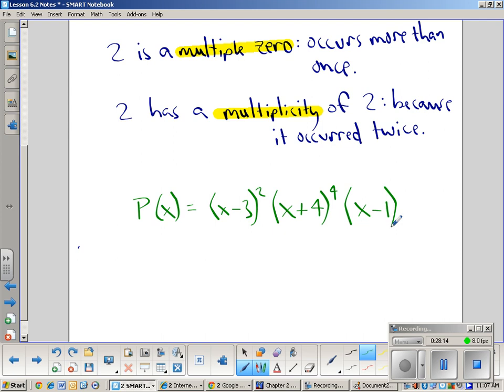Katie, can you give me another multiple 0 up there? Almost. No. What's wrong with the 4? -4. Remember it's the opposite sign? And so it's a -4. And what is its multiplicity?